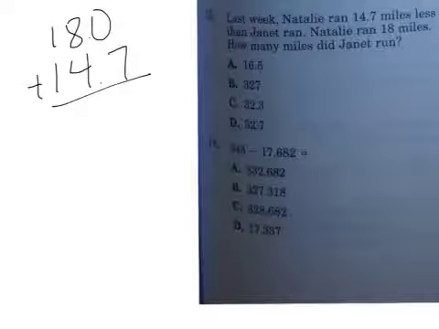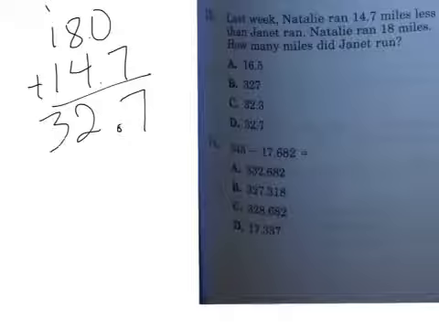Go ahead and add 7, and so we have 8 plus 4 is going to be 12, and so we're going to come up with 32.7 as our total miles that she ran, so we know 13 is D.